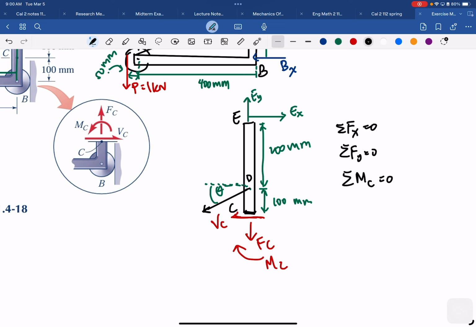So this will be P equal 1 kilonewton according to the questions, but it has a direction here which we need to have two x, y directions using the theta. And then based on that, we can compute everything. Okay. So I think that is for today's class.